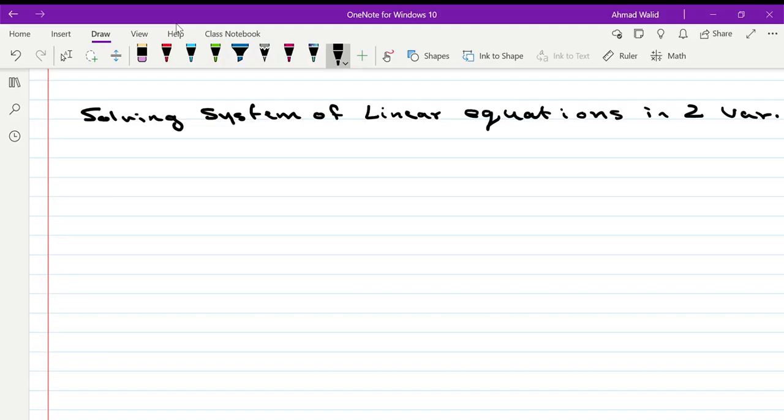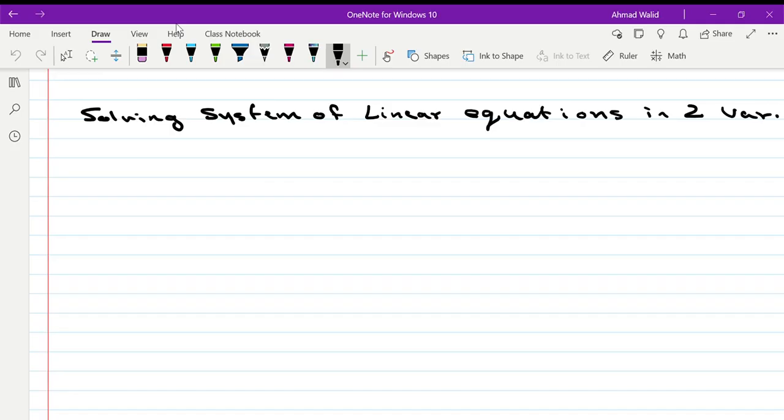There are at least 5 different methods that you can use to solve a system of linear equations in 2 variables. In your book, they skipped at least 2 or 3 of them, correct?